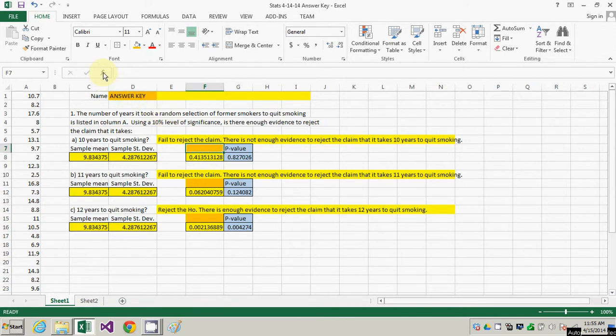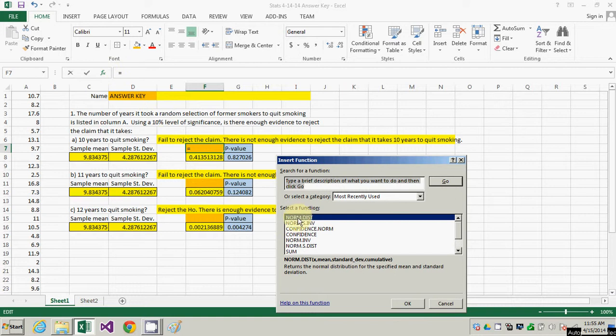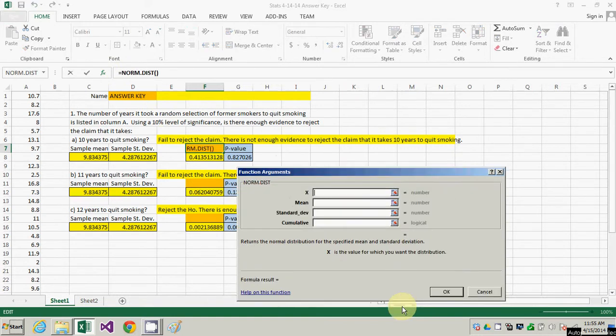We're going to use the function norm.dist, and the first argument in the function builder says x, it's x bar, the sample mean, which is in cell C8. And the mean is the stated value for part A of 10 years.